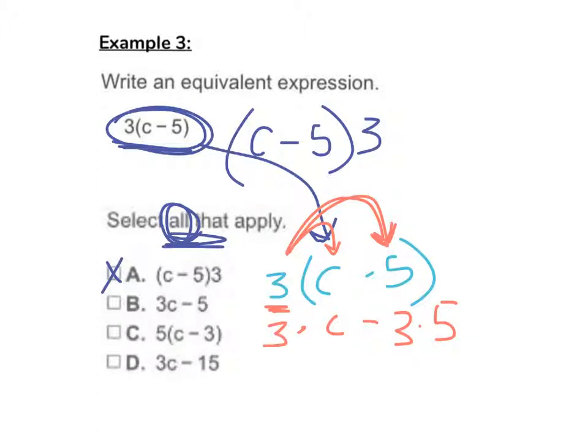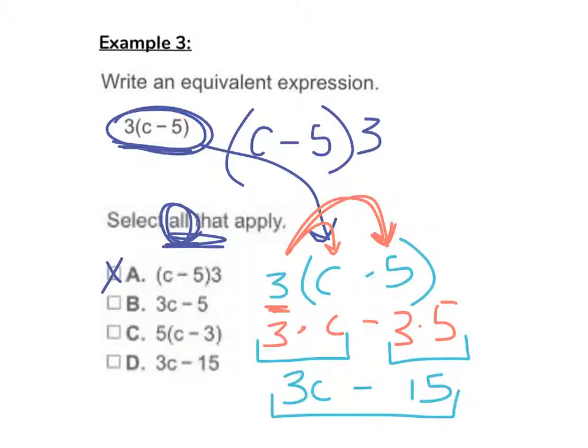Connecting those with our subtraction sign, and then from there we can simplify or kind of condense, put together our two expressions. So 3 times c becomes 3c, 3 times 5 is 15, connect with our subtraction symbol, and here is another equivalent expression. So if we go back to our list, we want to look and see, do we see this 3c minus 15?